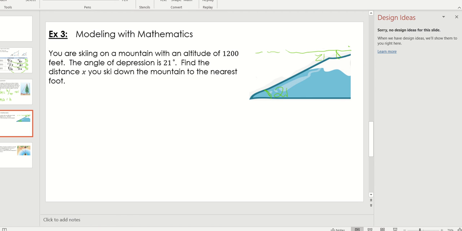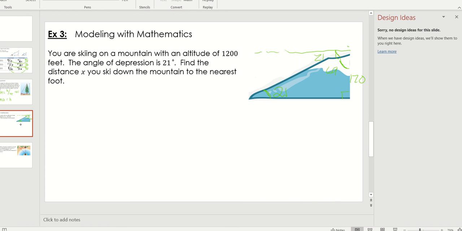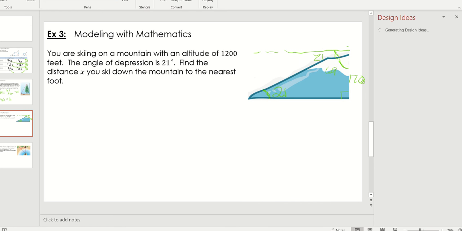Or because this is a right angle, the inside of this up here would be 69 degrees. The height, the altitude, is 1,200. And I want to know how far I've gone, the distance to ski down the mountain, to the nearest foot.